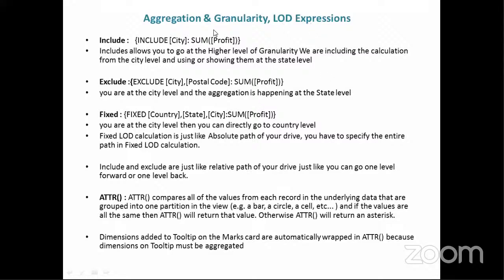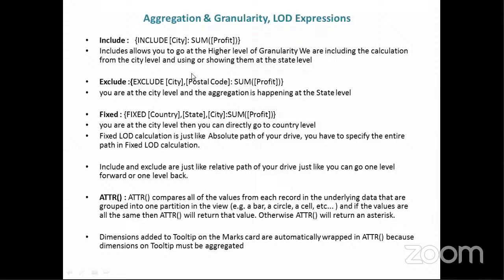Okay, so what are the different types or shades that are available for these LOD expressions? These are nothing but include, exclude, and fixed. We'll see one by one what each says. Include will allow us the higher level granularity.